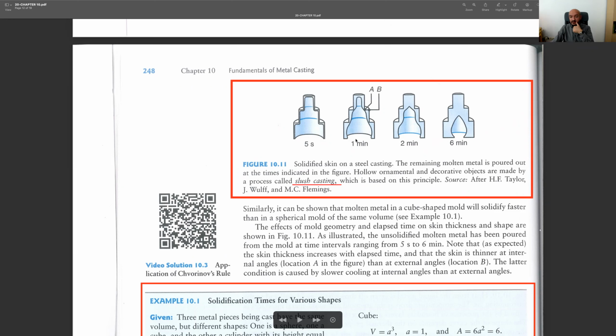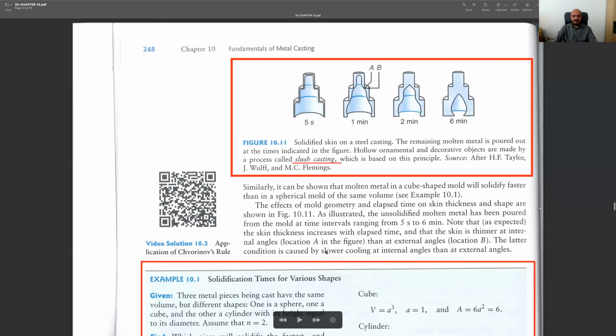This is the case after 1 minute, 2 minutes, 6 minutes. And you see, we don't have a uniform thickness around the walls. We have smaller thickness at the external angles, but we have thicker walls around the internal angles.